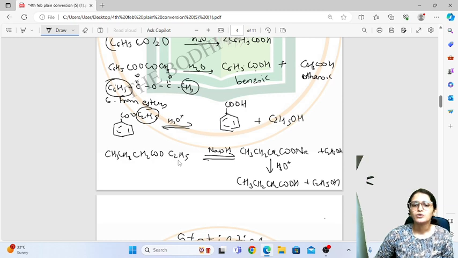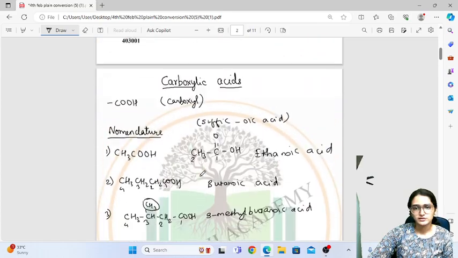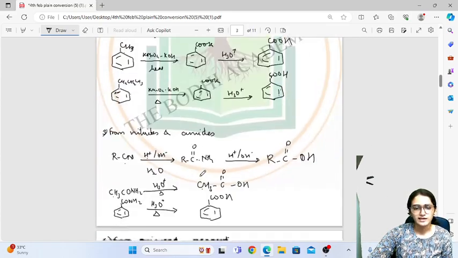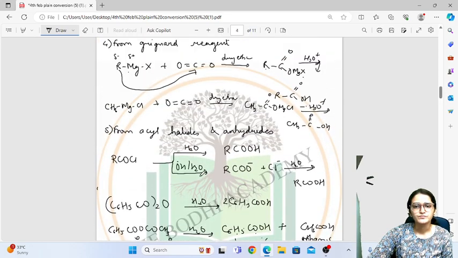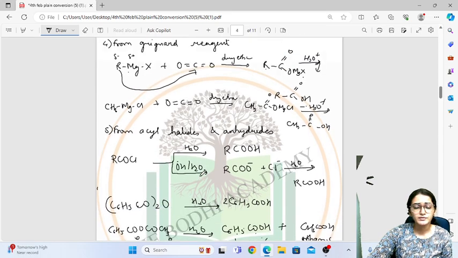So if you are using base, then this is the method to prepare the carboxylic acid. So these are all the methods to prepare carboxylic acids and the nomenclature of carboxylic acids. In the next part we will be talking about the physical properties and the chemical properties of carboxylic acids.